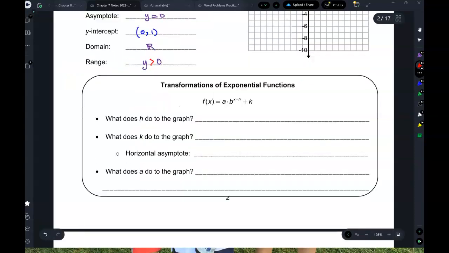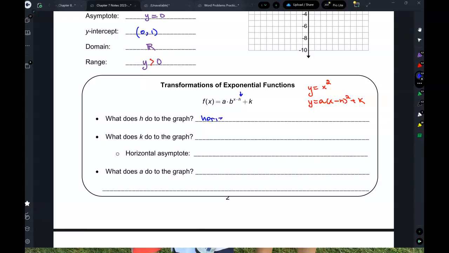Okay, so transformations. You guys remember when we had like y equals x squared, and then we had y equals a, x minus h squared plus k, and each of those do something? Same thing. So this number h, what does h do?